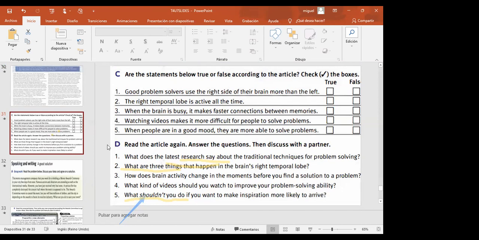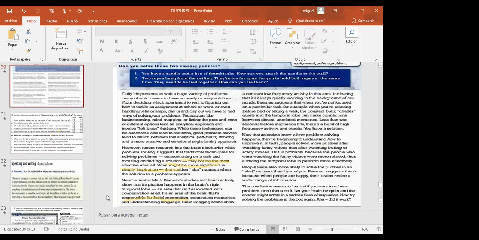My classmate Felix and I found three things that happen in the brain's right temporal lobe. That area is responsible for recognition of faces, connecting memories, and understanding languages. Yes, languages. It's right here. Excellent. Good job.